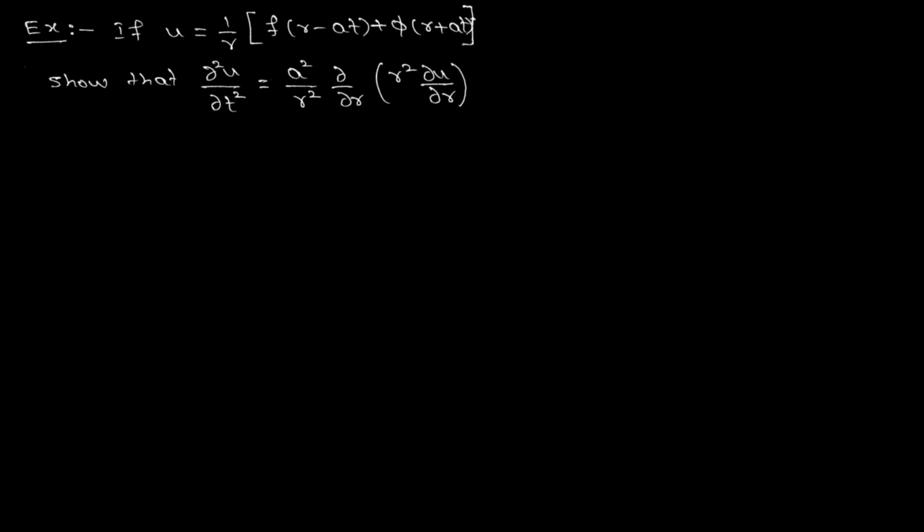Let us consider the example. If u is equal to 1 by r into f of r minus a theta plus f of r plus a theta, then we need to prove dou square u by dou t square is equal to a square by r square into dou by dou r of r square into dou u by dou r.